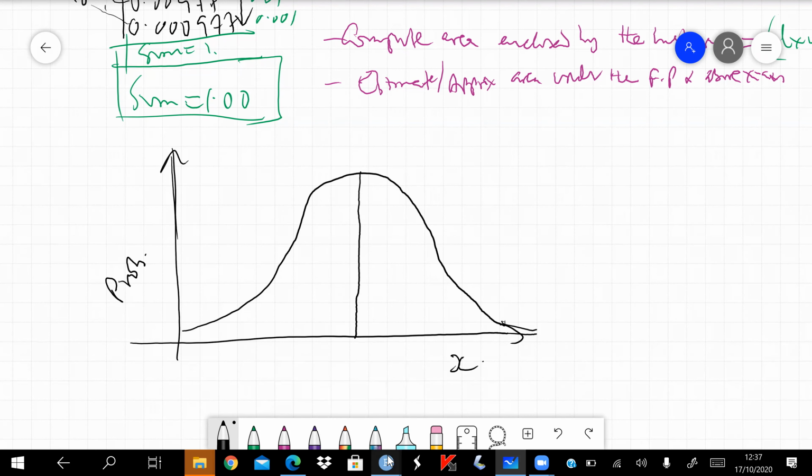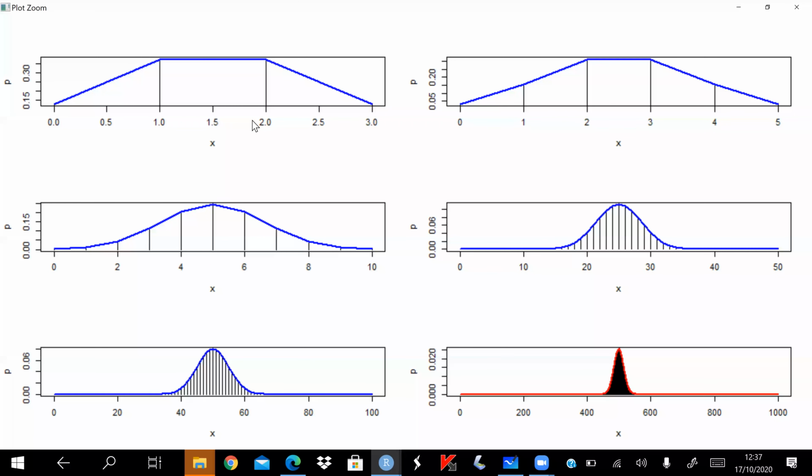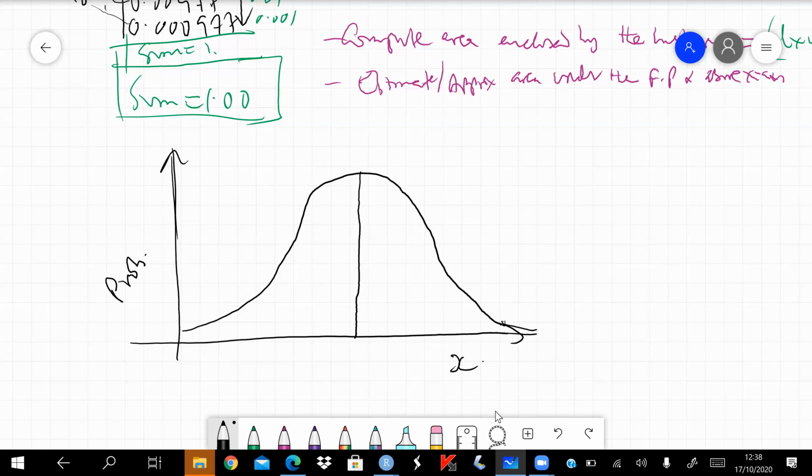If I go back to the diagrams, the first curve here is symmetrical about x equals 1.5. And what do we know about x equals 1.5 for this distribution? Remember, this is a binomial distribution with only 3 trials when p is 0.5. We know that this corresponds to the mean value.